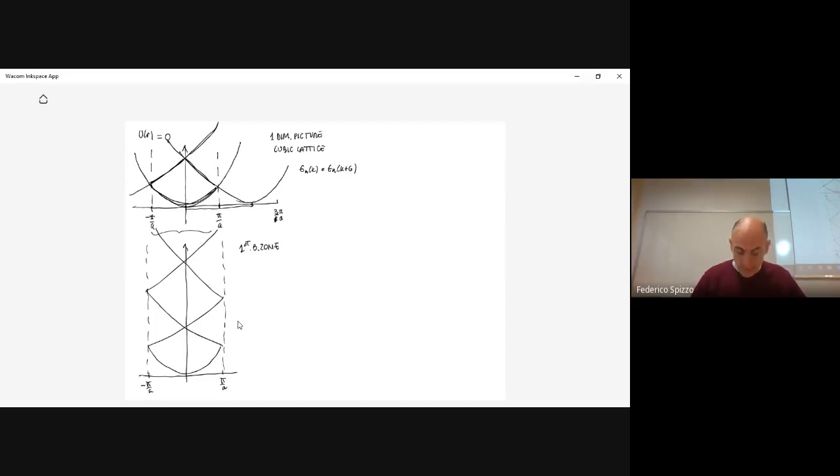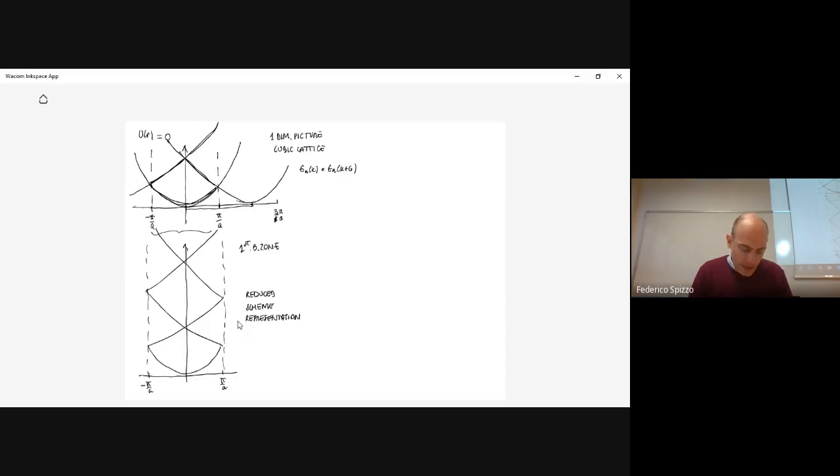This way of representing the energy versus wave vector dependence just in one zone is the so-called reduced representation, since you reduce all the energy dependence to be represented just in one zone.